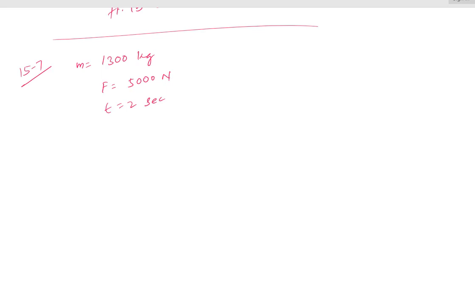Okay, so first we gotta find the velocity of this car, right? So we'll use our formula, which is F times T is equal to m times delta V. So impulse is equal to mass times the change in velocity. Force is 5000 times the time is 2 seconds.